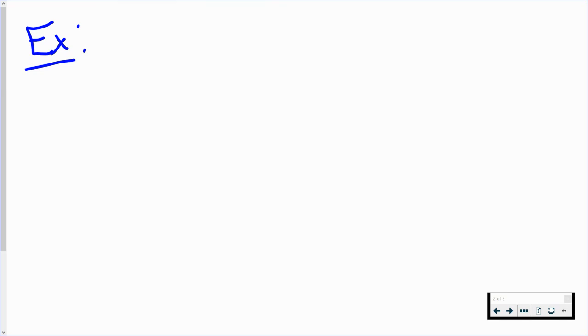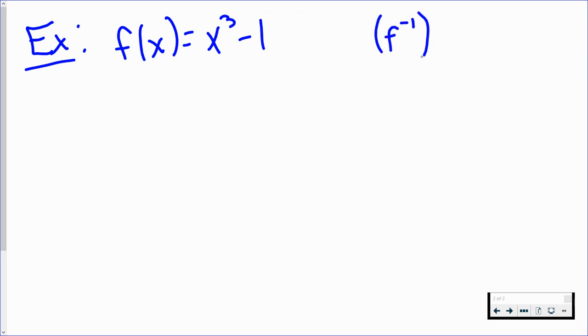Okay, let's say that we have f of x equals x cubed minus 1, and we want to find the derivative of the inverse at 26. Now we said the x coordinates of the inverse are the y coordinates of the original.